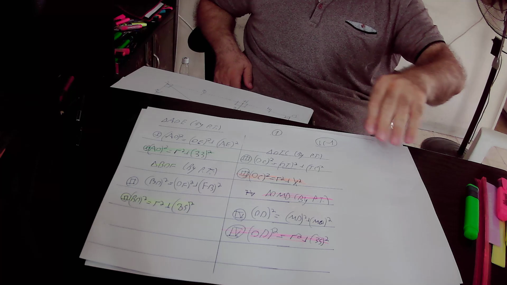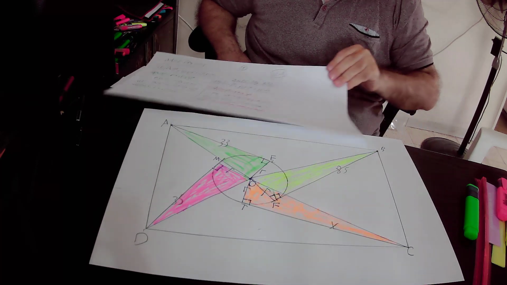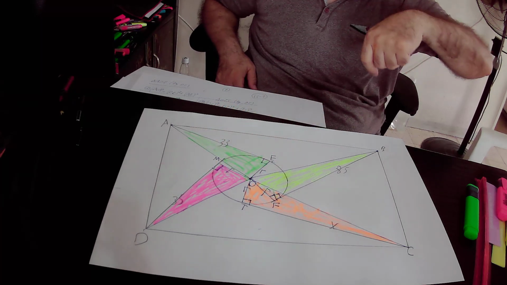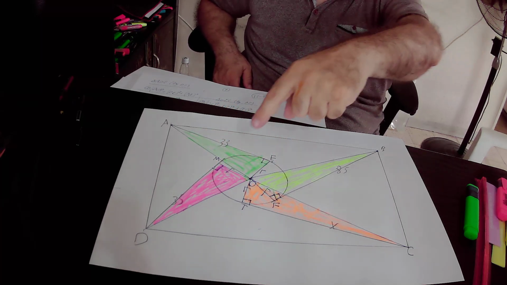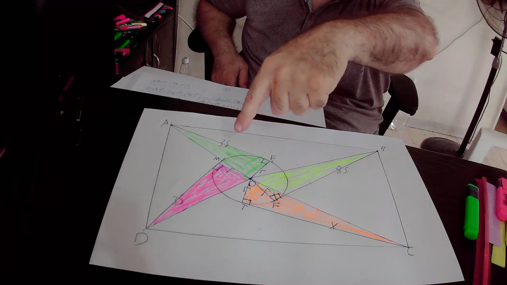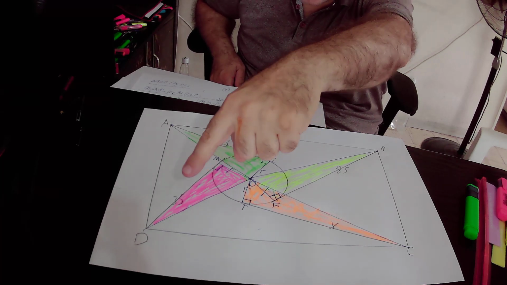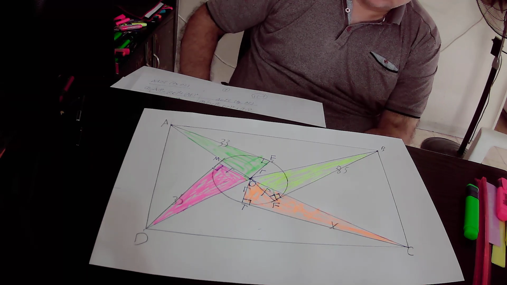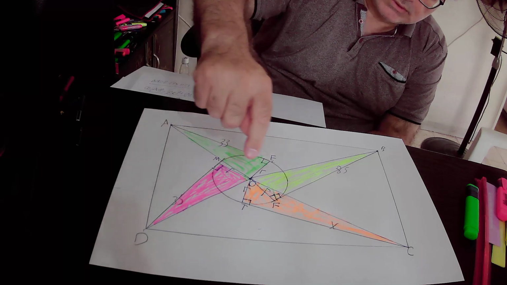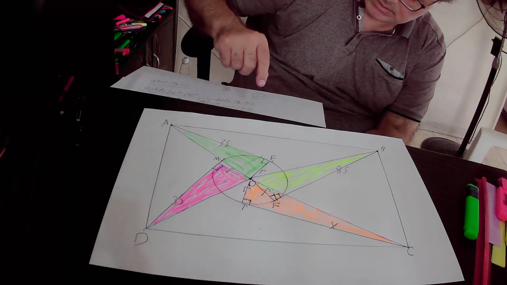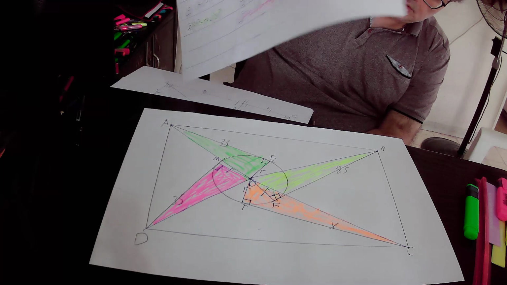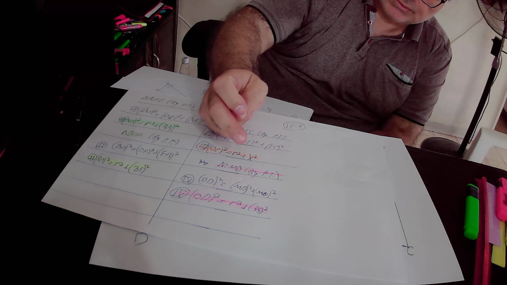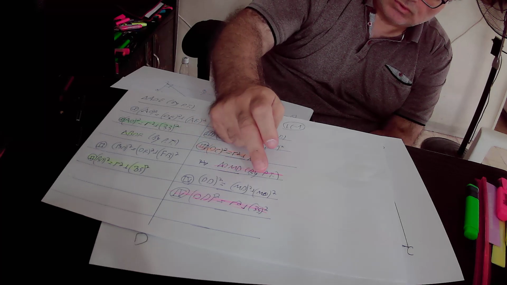And finally, we joined points O and D together by a straight line. In this way, we created the right pink triangle MOD. In the right pink triangle MOD, according to the Pythagoras theorem, OD square equals OM square plus MD square.